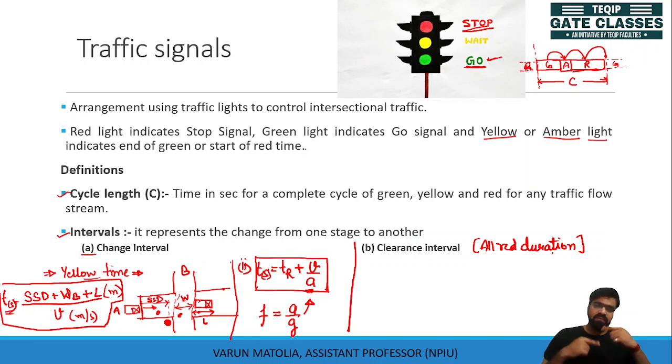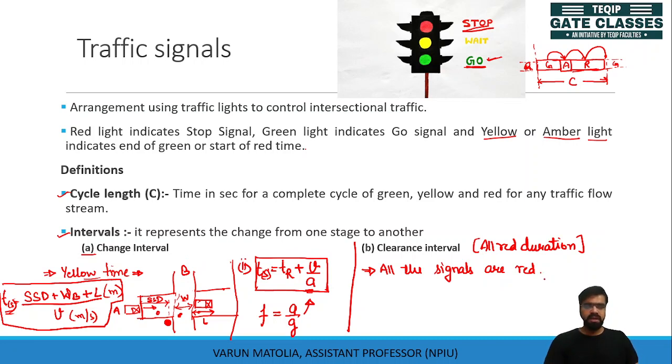So each and every cycle has this all red duration. All red duration is when all the signals are red. All the signals means signals for all the directions are red.